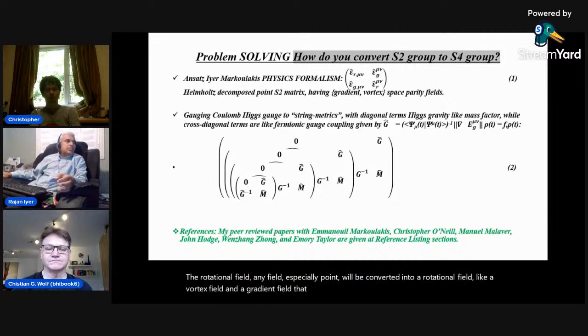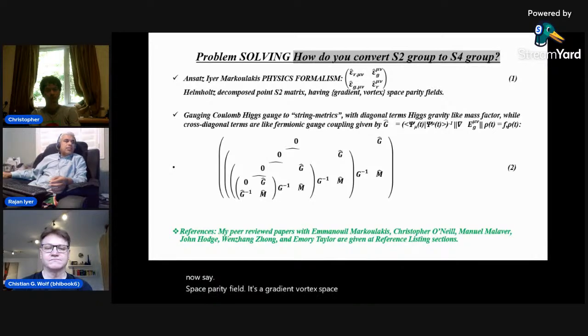That's the simple thing it starts from. But if it is rotational, you can go clockwise or anti-clockwise, so there is a parity involved, and the gradient also, you can go up or down. That's why I now say it's a space parity field.